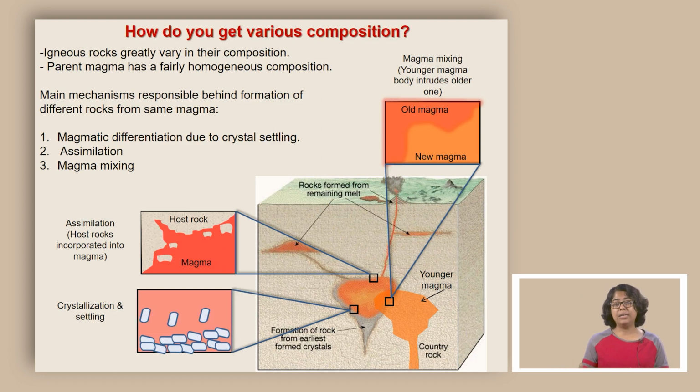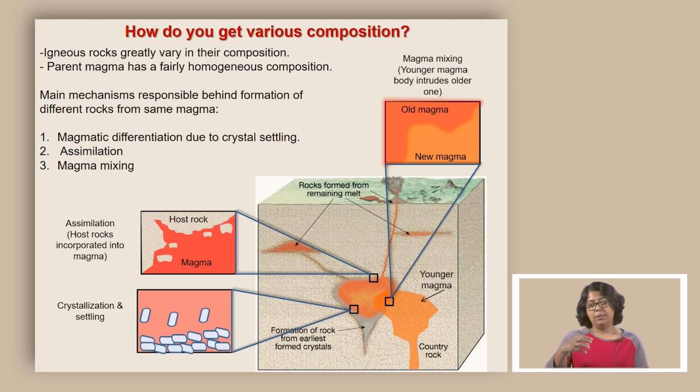That can create a compositional difference in the parts which get crystallized and eventually uplifted to the surface and show up as an intrusive igneous rock.